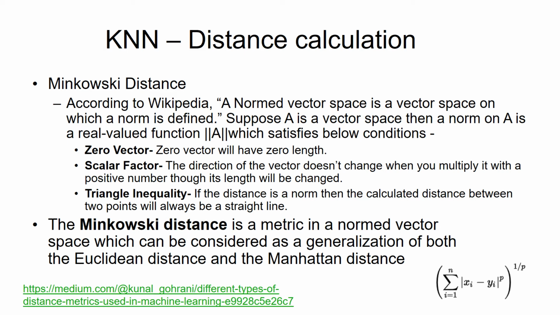Scalar factor: the direction of the vector doesn't change when you multiply it with a positive number, though its length will be changed. Triangle inequality: if the distance is the norm, then the calculated distance between 2 points will always be a straight line. So it's a metric. Minkowski distance is a metric in a normed vector space which can be considered as a generalization of both Euclidean and Manhattan. So you can see here sigma |xi minus yi| to the power p, and then I take the pth root of the same.